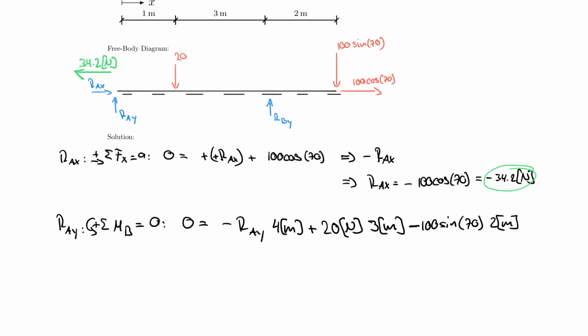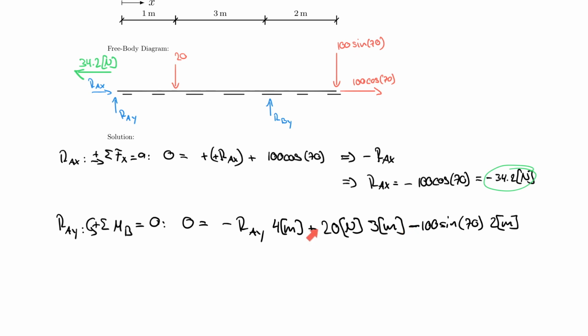And let's spend some more time thinking about this, although I said it before, but I'm rotating about this point, right? So notice that this is a negative force and this is a negative force, or I should better say it points in the negative y direction. Both of them point in the negative y direction. But here my 20 has a positive sign and my 100 sine 70 has a negative sign.